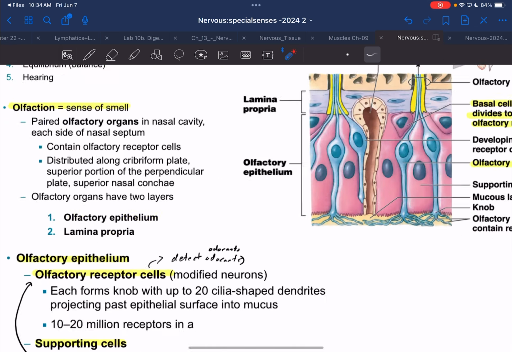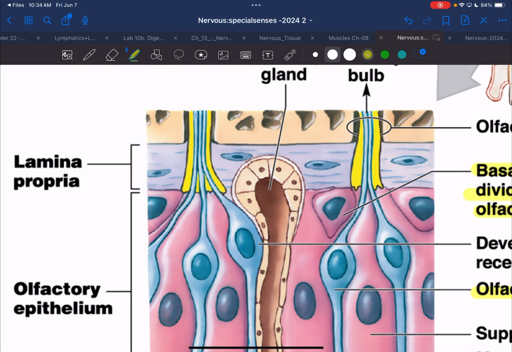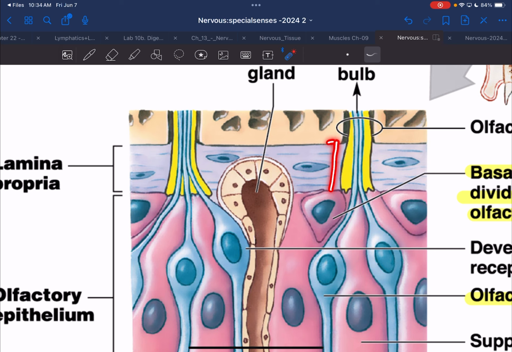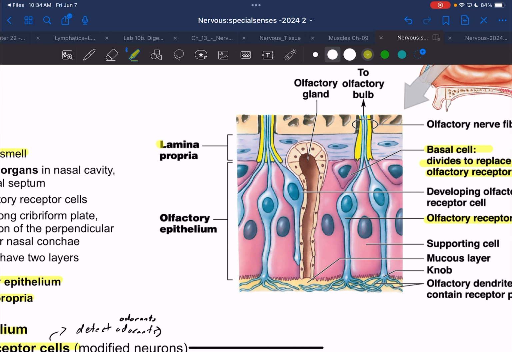The last thing to add is this lamina propria. As you can see, this is going to be the connective tissue layer that's underneath the mucosa, underneath the epithelium. Connective tissue layer, lamina propria.